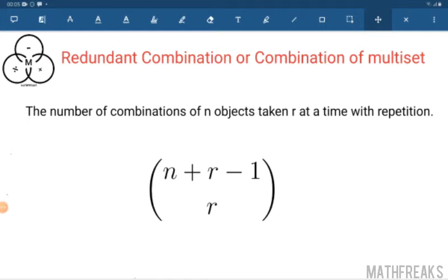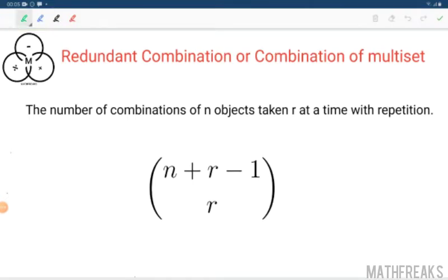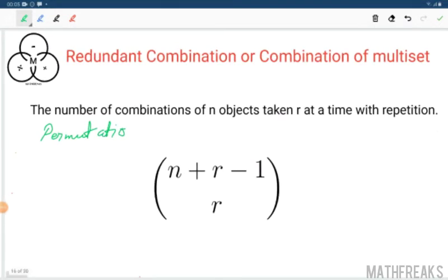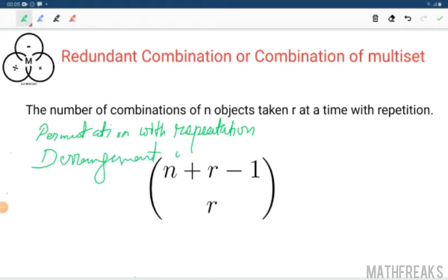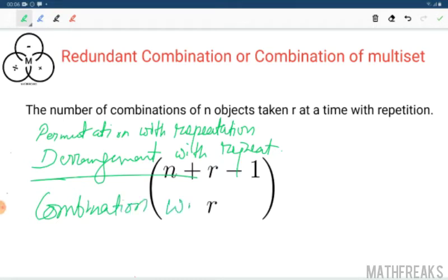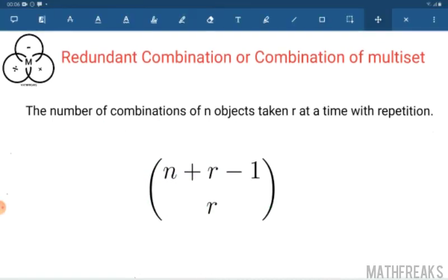This is really one of the most interesting topics, because we have seen permutation with repetition, we have seen derangement with repetition, and now we will see combination with repetition. So this is really interesting because there should not be any kind of partiality.